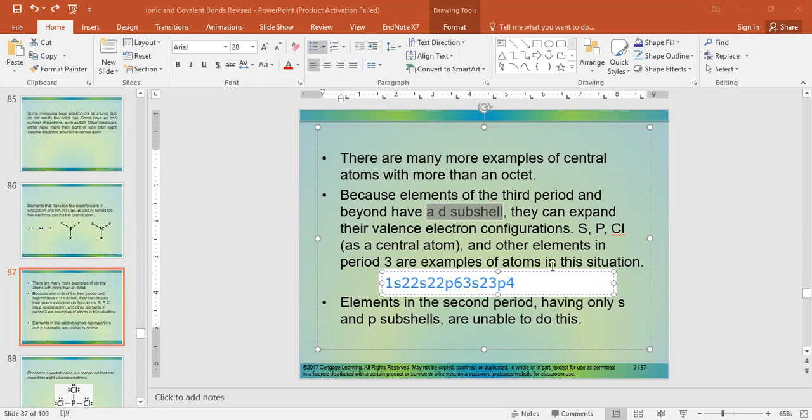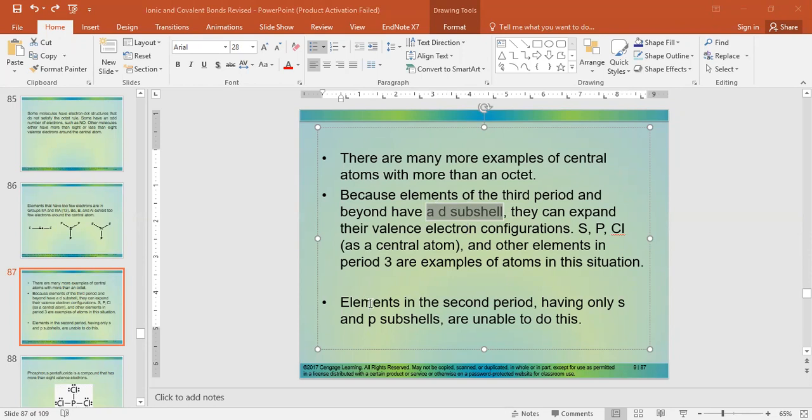It has a 3d also, but this 3d is empty because we do not have sufficient electrons to fill these 3d orbitals. The same thing applies to phosphorus and chlorine. And that is why we are saying that they can expand their valence electrons to accommodate these d orbitals.